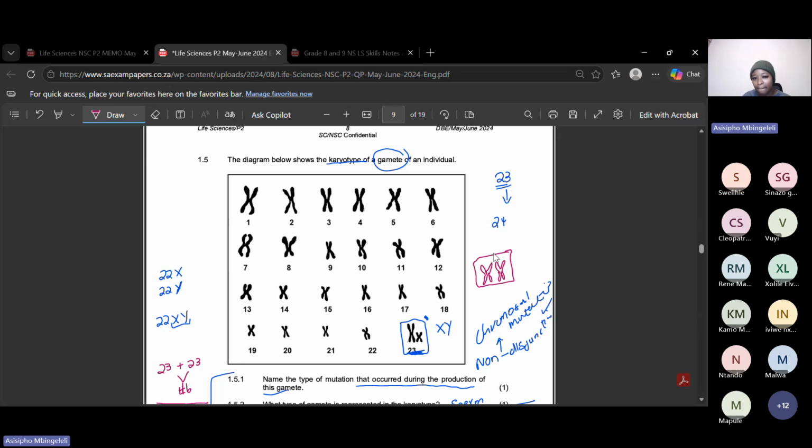Sorry, ma'am, but then you get a situation where it kind of looks like a string. I don't know how to explain it, but I've come across a few questions where it looks like a strand like this. Okay, so remember the difference between these chromosomes and these ones. These ones are unreplicated. This is an unreplicated chromosome.